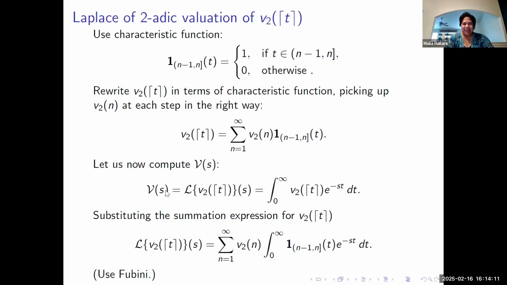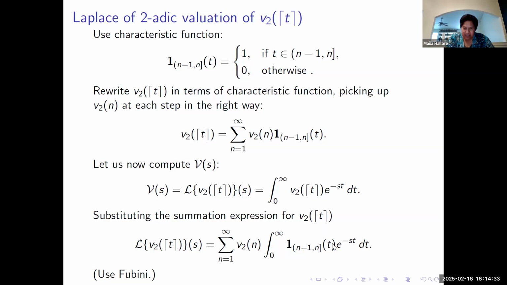So notice here that V of s will become the integral of a sum. And then you apply this theorem called Fubini, and that will allow you to interchange the sum with the integral. So the point is, this will now be the Laplace of the 2-Adic valuation of the ceiling function.